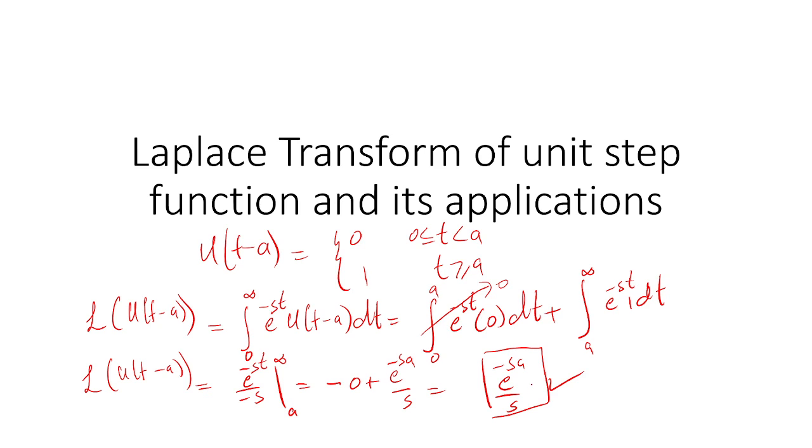Now we will use the unit step function in some notations. Let's say we have a function f(t) which is 2 in the interval from 0 to 2, and it is -1 from 2 to 3, and 0 otherwise, for t greater or equal to 3.